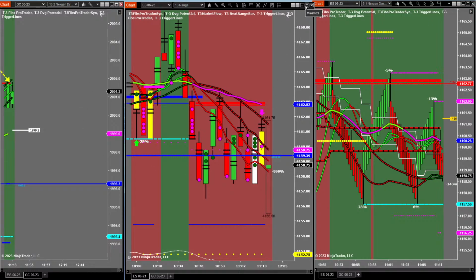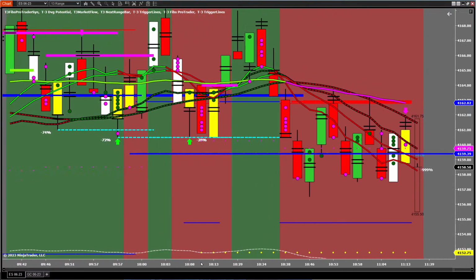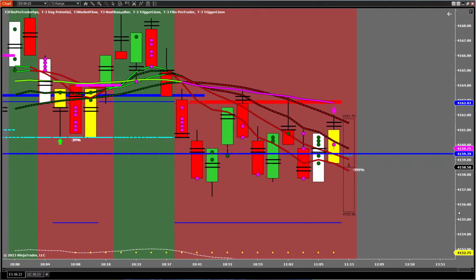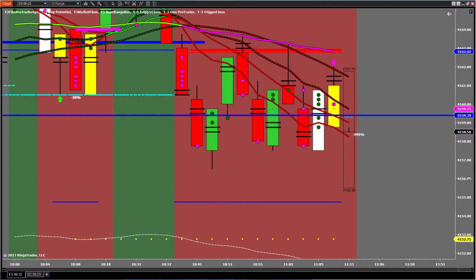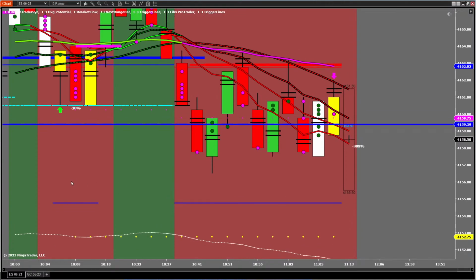All right. So now look, I'll only want to look at my 13 range chart. Watch. And again, for me, it slows me down. Remember, we were talking about shorts up here at resistance with all the triggers going down. Some of you guys went a little earlier with the 5 range, 5-1 chart over here or whatever.